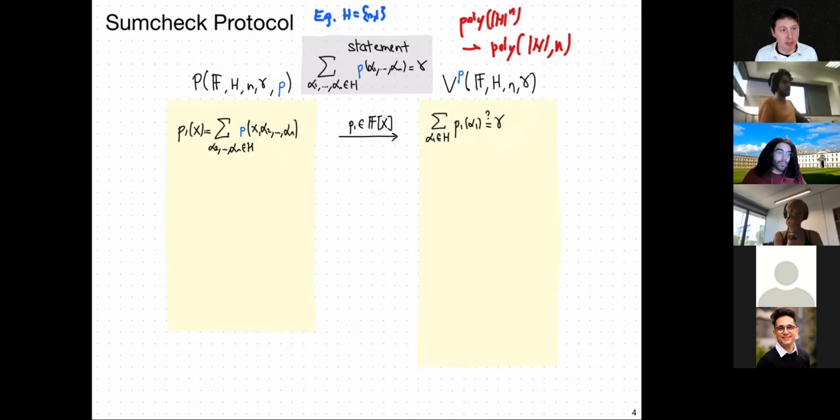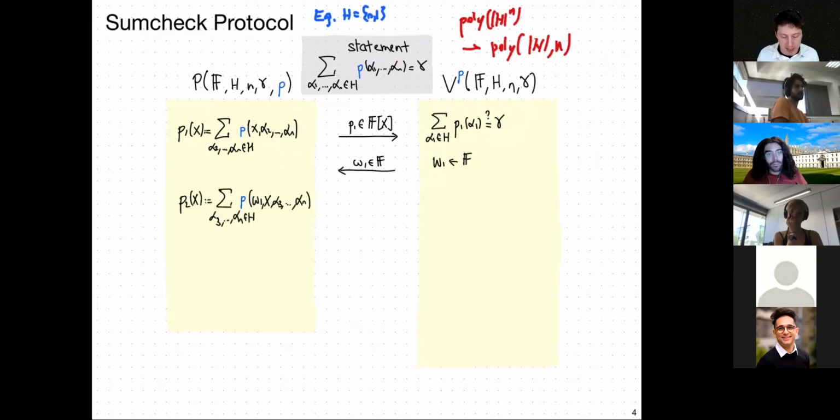But of course, the prover may have sent some polynomial that is not the correct partial sum. It just so happens to sum up to gamma when you sum it. So the verifier has to do further investigation. Is this the correct partial sum for the first one? So the verifier will sample a random point, omega 1, and send it to the prover.